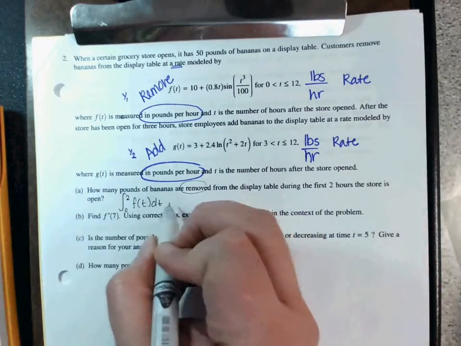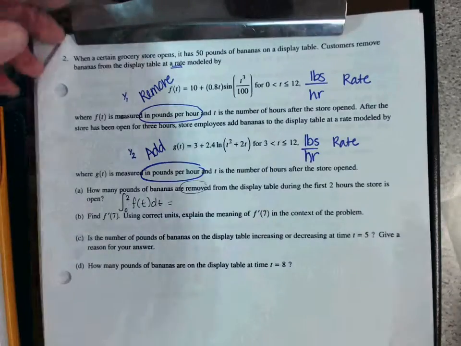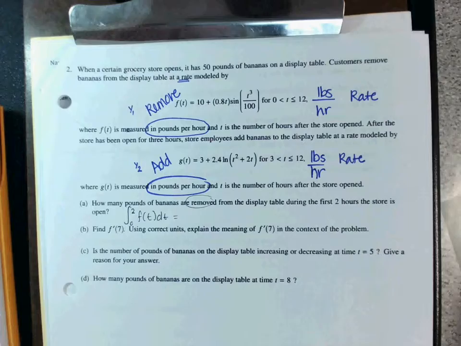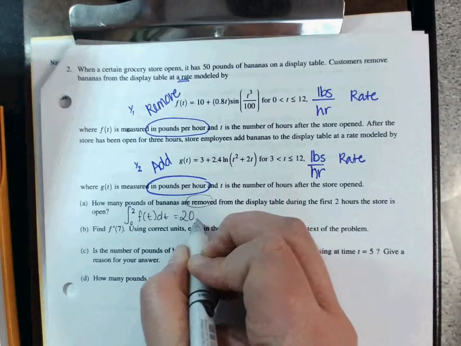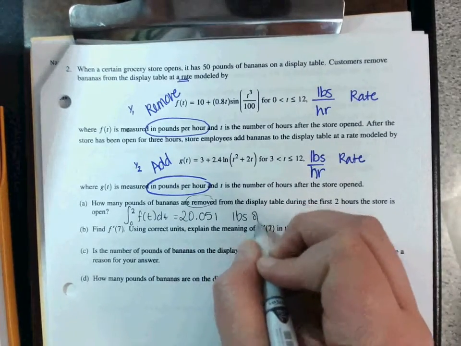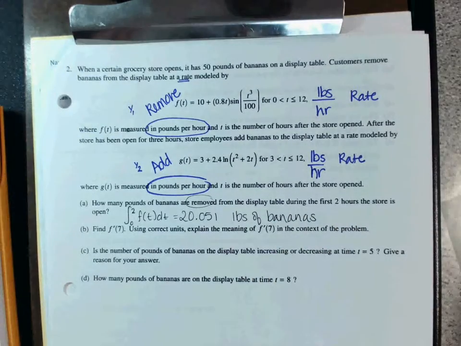No, they only want to know how many were pulled off of the table. So what did we get for that? 20.051, good. Now, should I round if it's pounds of bananas? No. They will tell you if they want you to round. If it was the literal number of bananas, probably yes, you would have had to round it. But since it's in pounds, it makes sense to have part of a pound.